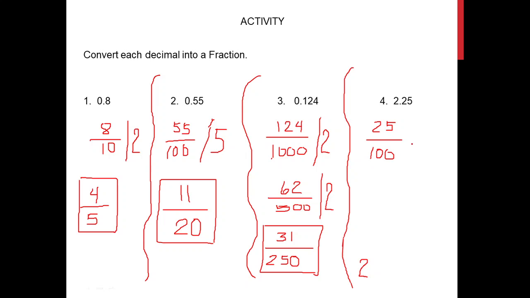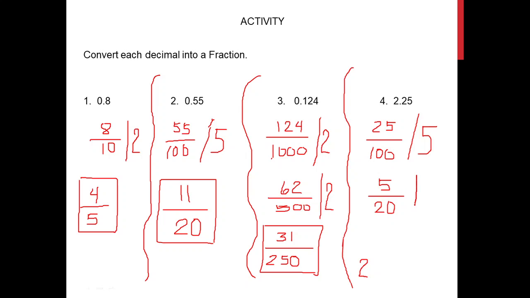Then let's simplify. 25 and 100 can be divided by 5, right? So 25 divided by 5 gives us 5. 100 divided by 5 gives us 20. Can we still simplify this one?